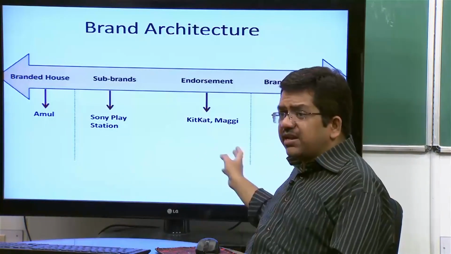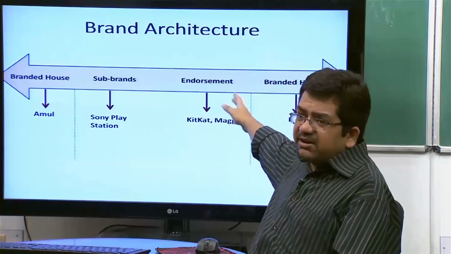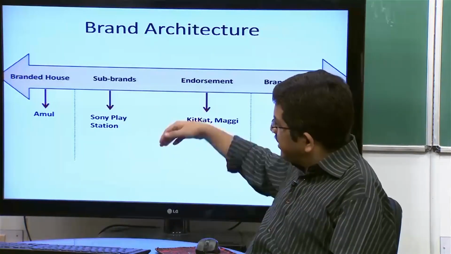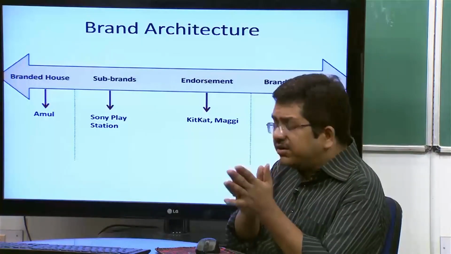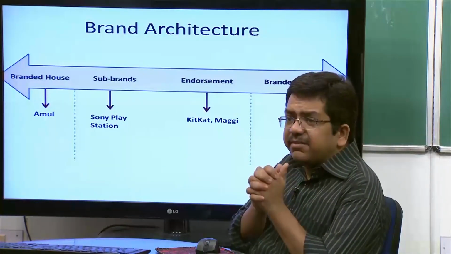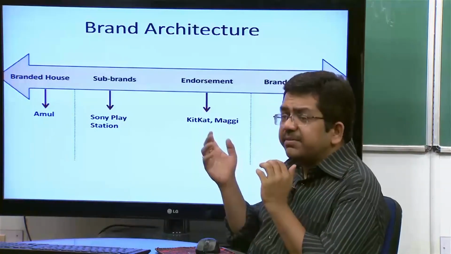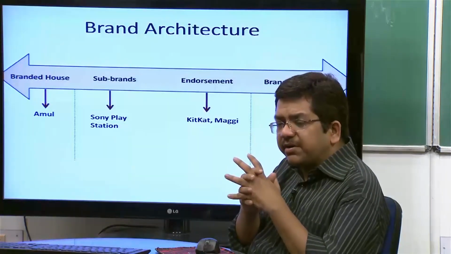Now the question comes, why does a company go for different kinds of naming? In the case of Amul, or any example of branded house, you want to leverage that one corporate name across all the different offerings, so you like to do corporate branding.